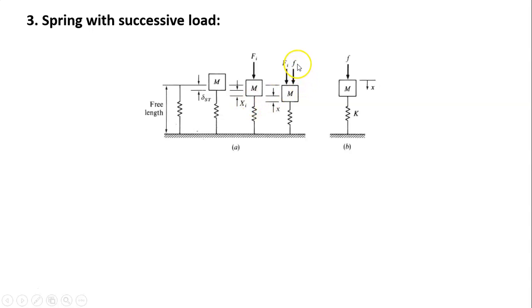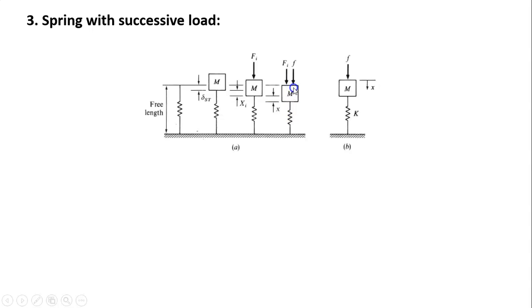Again, another force small f is applied on the mass M, therefore we get additional deflection small x. Therefore, total deflection of the spring from starting position to the last position is delta St plus Xi plus x. And how many forces are acting on this spring?